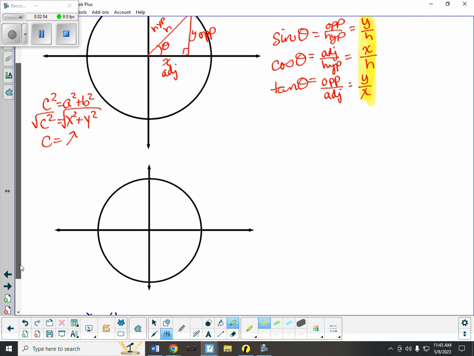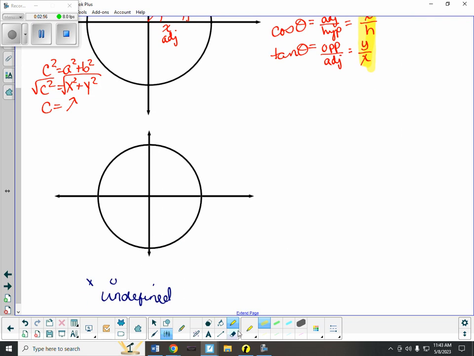So let's talk here about the quadrantals. When we're on the unit circle, what we're going to use for 0 degrees is a point right here. A unit means 1 unit, so the radius of the circle is 1. To get to this point, we would go over 1, up 0. So that's the value at 0 degrees.